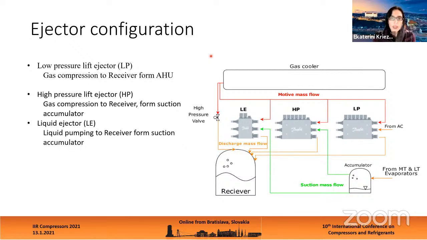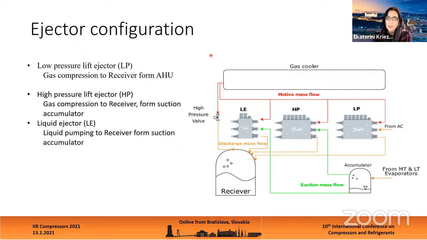Both liquid and HP ejectors are supporting the refrigeration circuit of the system. Then we have the low pressure lift ejectors that are serving the air handling part, the air conditioning. The air conditioning is fed by liquid from the receiver, and the LP ejector is compressing the gas from the air handling unit back to the receiver.